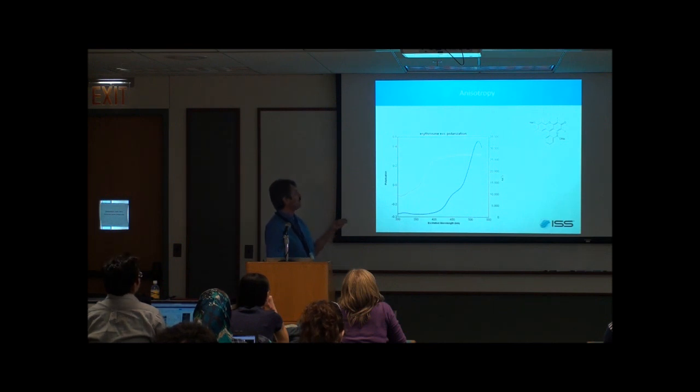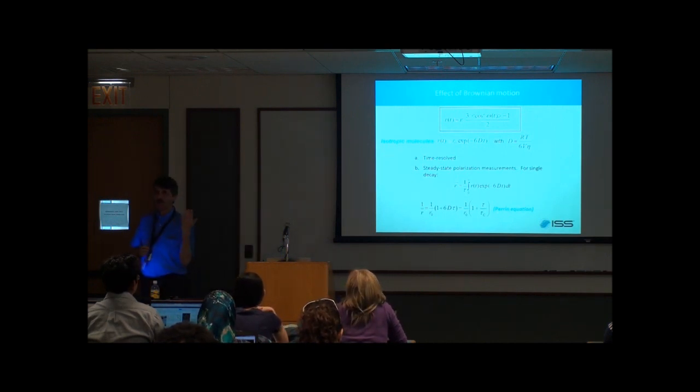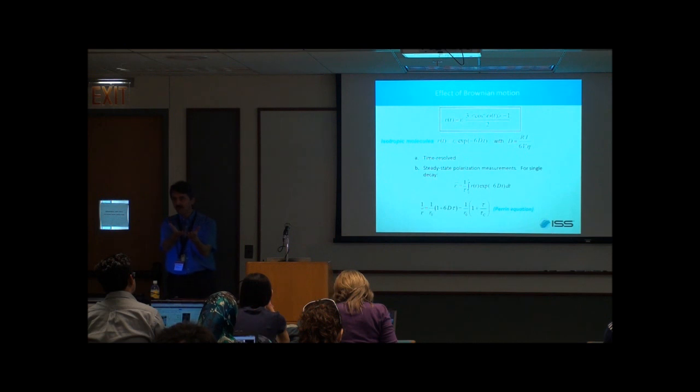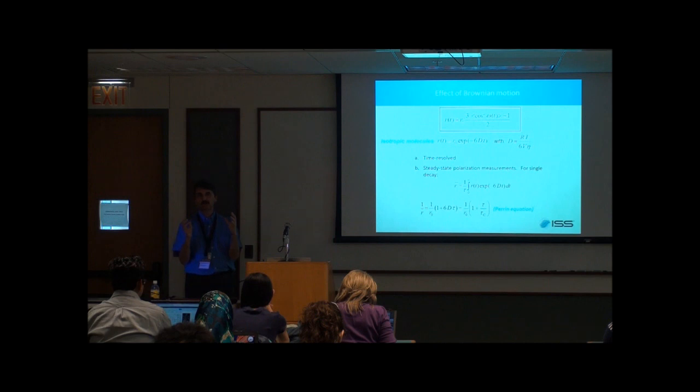Now, how do we use all of this information? Molecules get depolarized. Why? There are several reasons. One is because molecules are not alone in a solution, there are other molecules. The main effect is the Brownian motion. Molecules collide with other molecules of the solution.